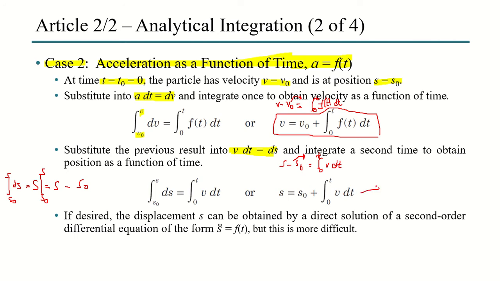So it means our s here is equal to s sub 0 plus the integral with limit from 0 to t of v, and our v is this one, v sub 0 plus the integral of f dt, with the limit here 0 to t.